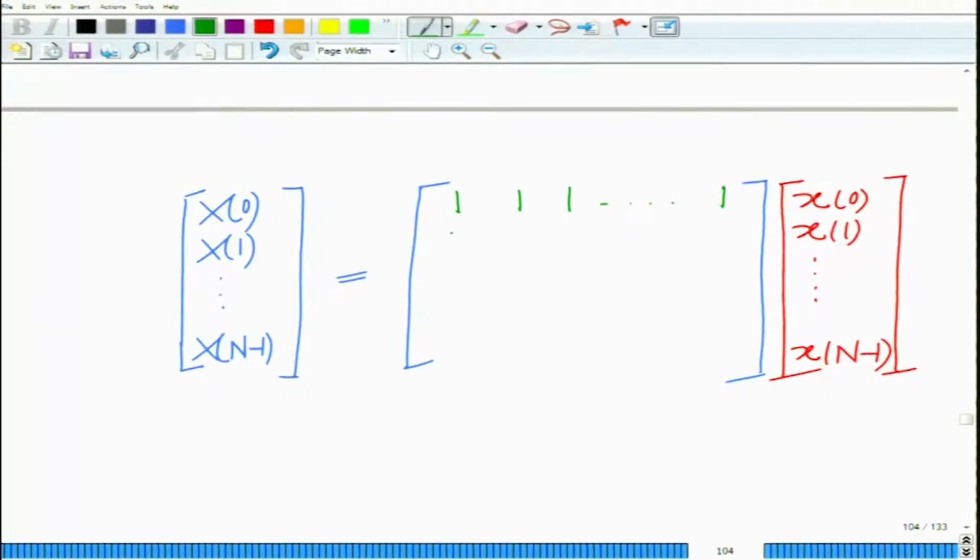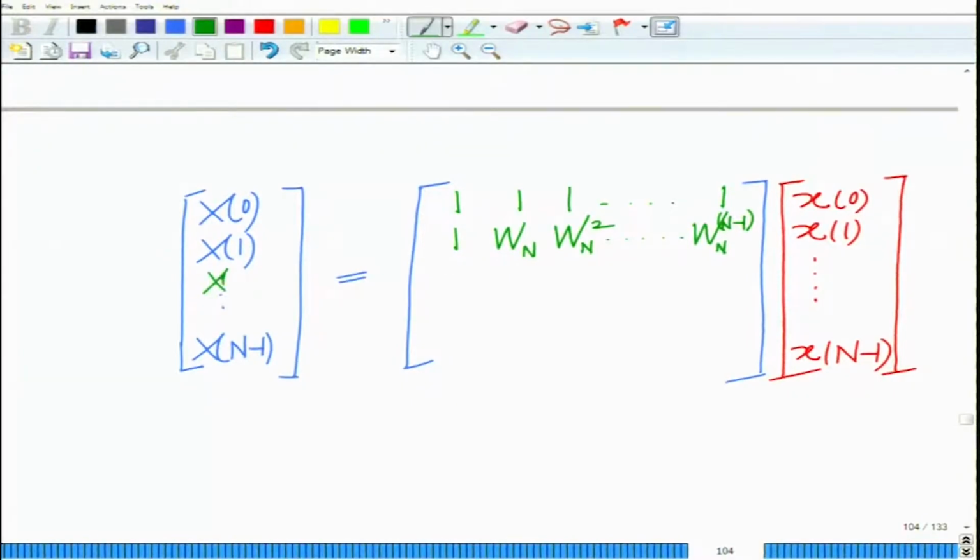X1 will be 1 times x0 plus Wn times x1 plus Wn square times x2 plus Wn raised to n minus 1 times xn minus 1.